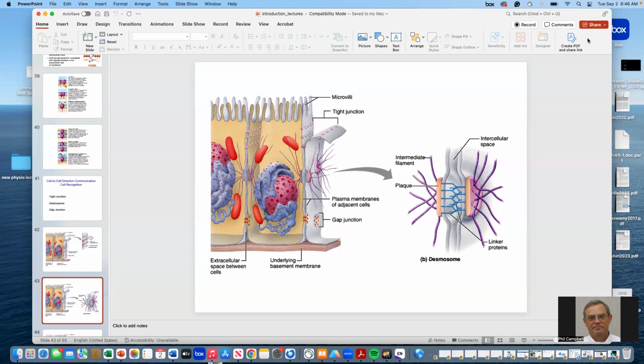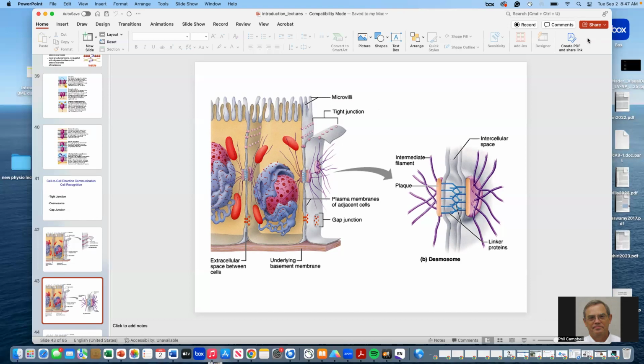They're anchored on these plaques. These linker proteins are exposed outside of the cell, but they're anchored inside of the cell to these plaques. Not only are these linker proteins embedded in these plaques, there are also these intermediate fibers that are anchored to the plaques.